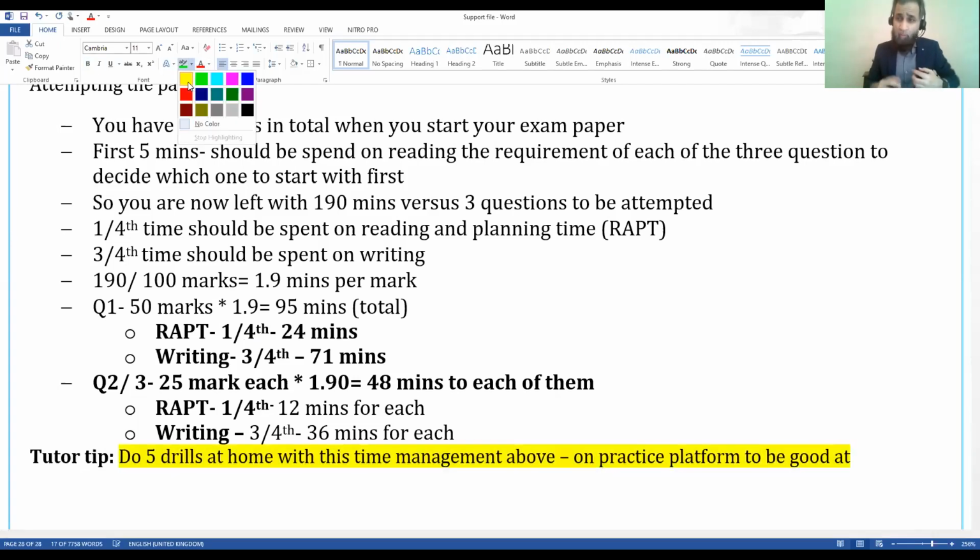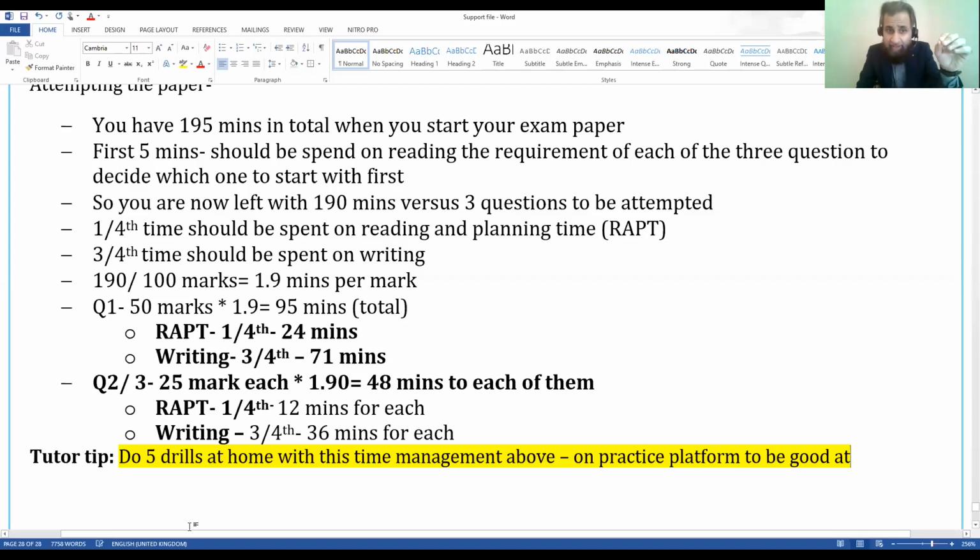If you believe one question will give you 50 marks, you're wrong. I've seen students who start question number 1, and to excel in it, instead of 95 minutes they take 120 minutes, 2 hours.